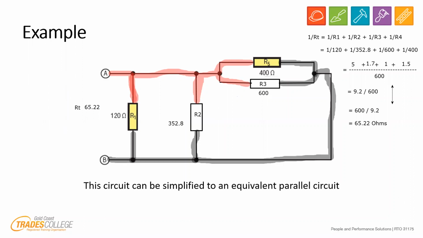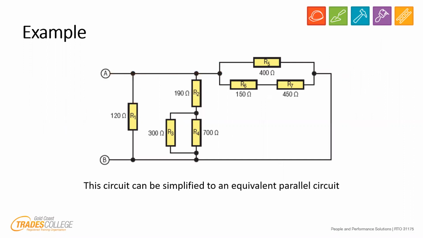Now let's just clear all drawings there. Once we've completed our step 1, which is simplifying the circuit to find the resistance total, we then need to find the current total, which is IT.